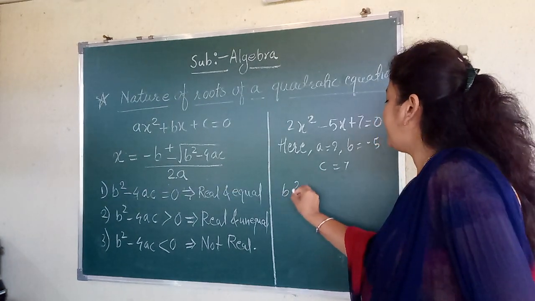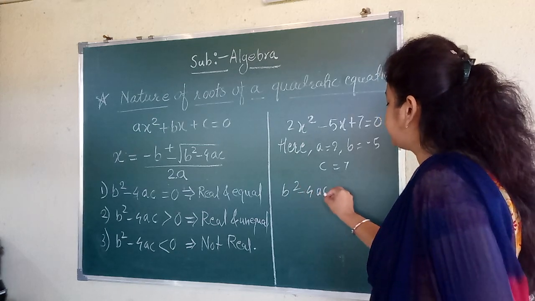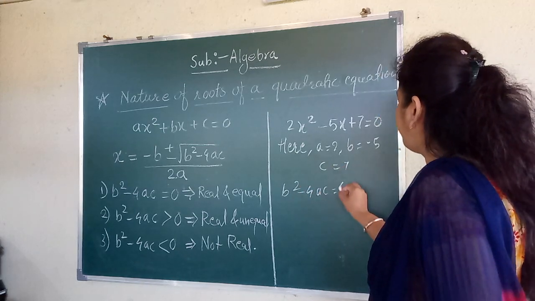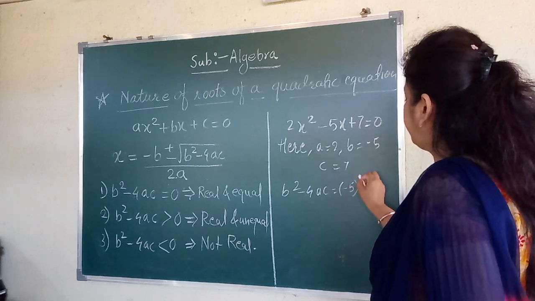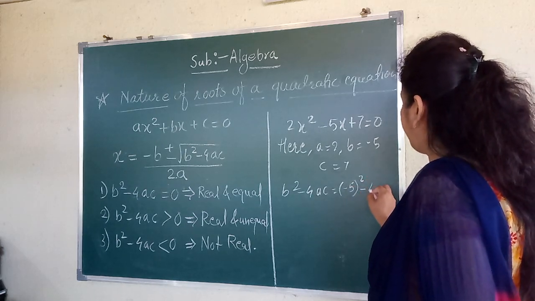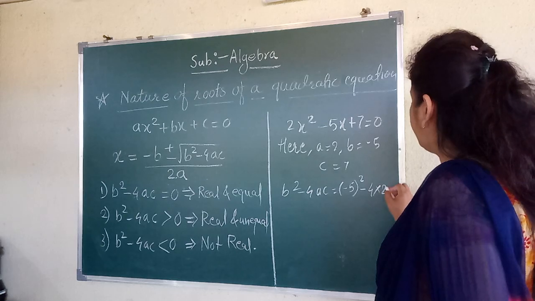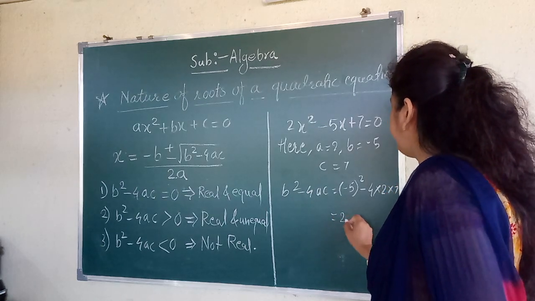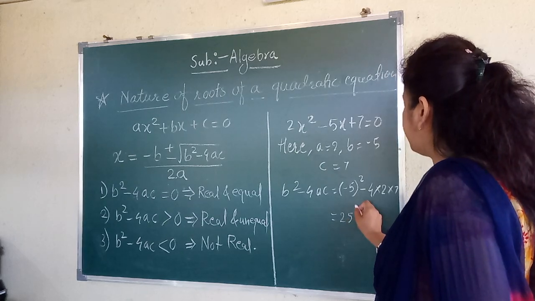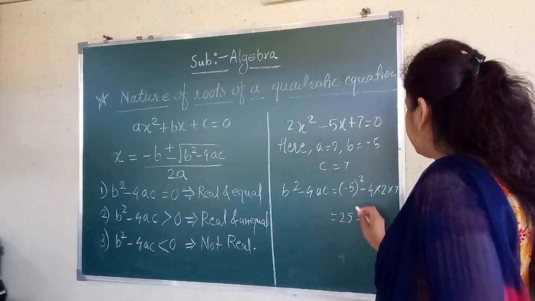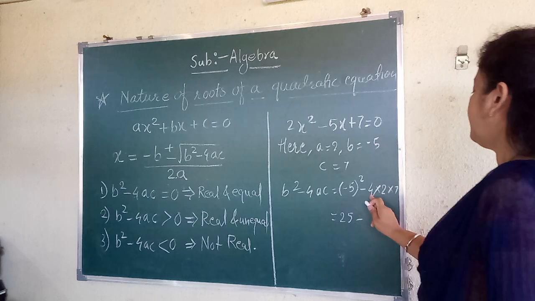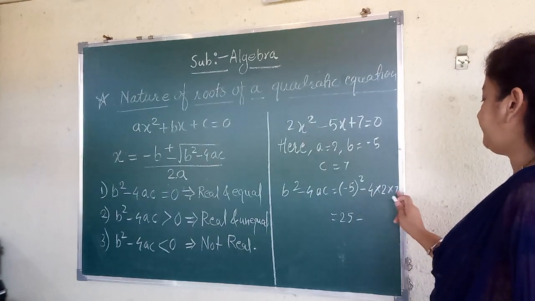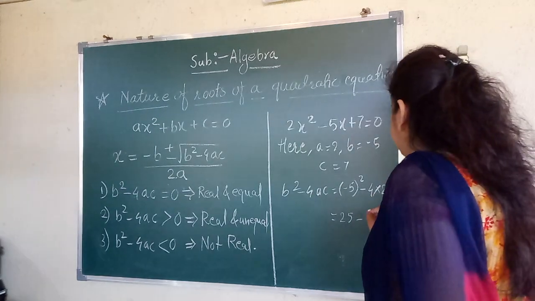b square minus 4ac is equal to negative 5 square minus 4 into 2 into 7. 5 square is 25, minus 4 into 2 into 7, 8 sevens are 56.